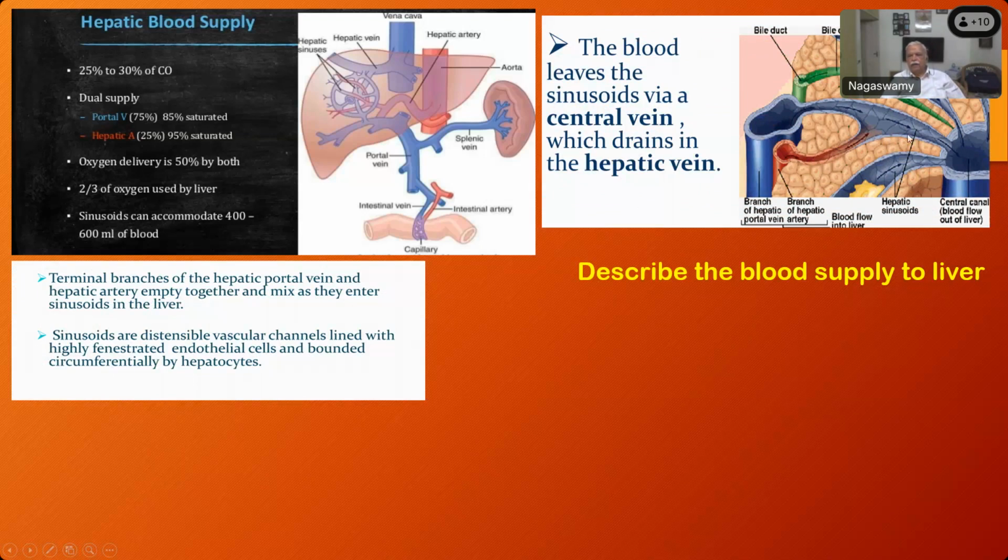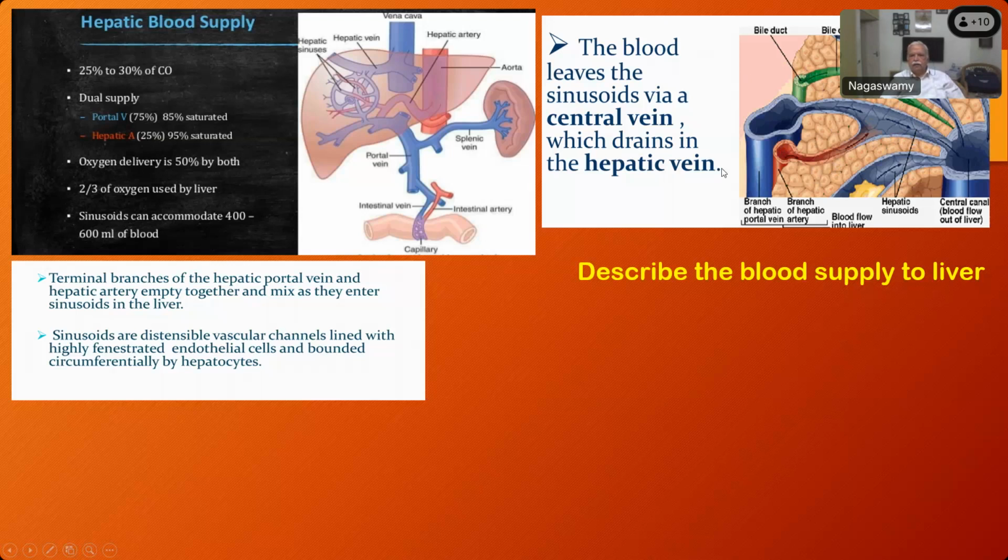And this sinusoid is lined by endothelial cells, which have large gaps or fenestrated gaps. Adjacent to the sinusoids, or in between the sinusoids, are the hepatocytes, and the hepatocytes produce the bile, and this bile is collected and then brought here in the reverse direction to the biliary canaliculi.